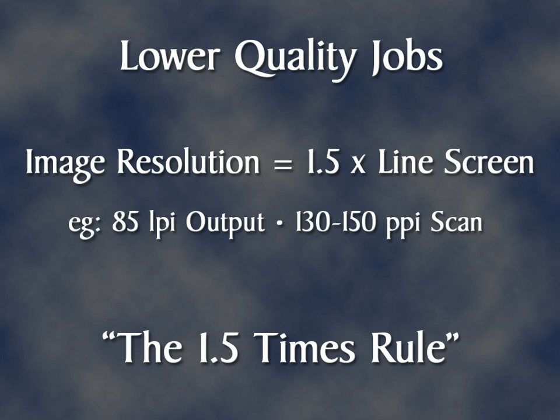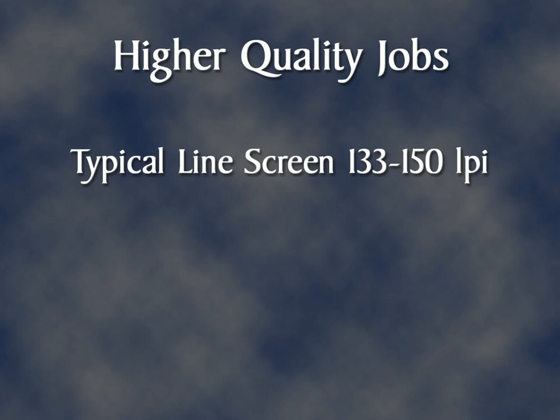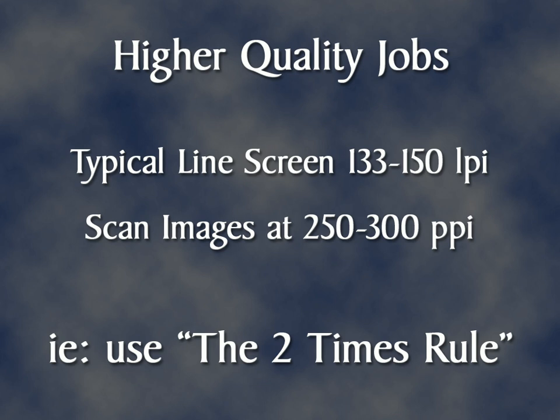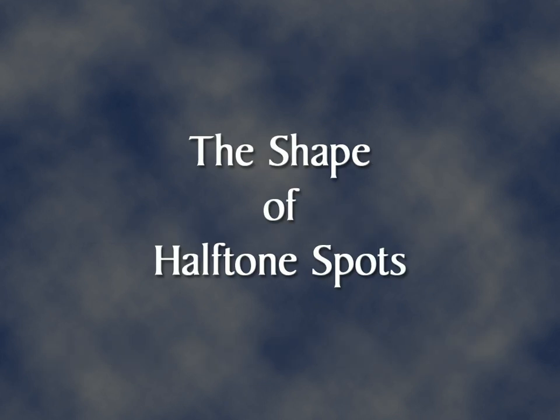Higher quality jobs such as annual reports or glossy magazines are typically printed on 133 to 150 LPI screens. For these jobs, it's best to follow the 2 times rule and supply higher resolution images between 250 and 300 pixels per inch. The shape of halftone spots.